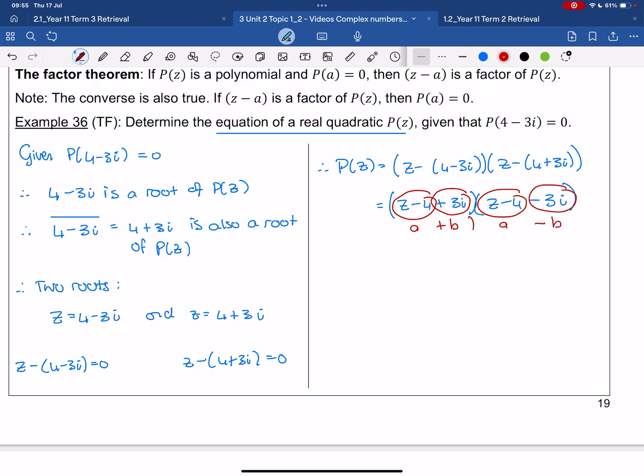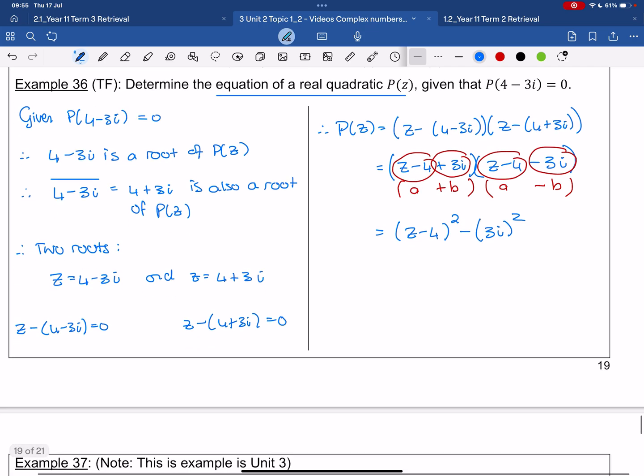So actually what I've got is a difference of perfect squares: Z minus 4 all squared minus 3i all squared. And yes, you could have expanded it all separately, but it's quite nice to have seen that.